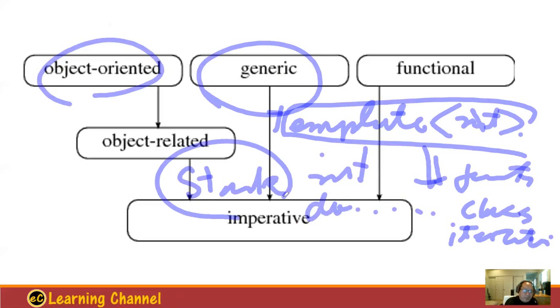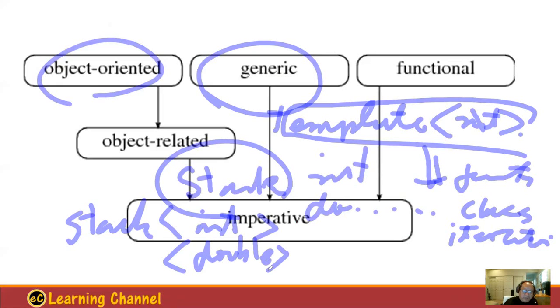So a stack can be a stack of, say, integer, or can be a stack of double, or can be a stack of cars, something that you use as generic. So that's actually generic programming.